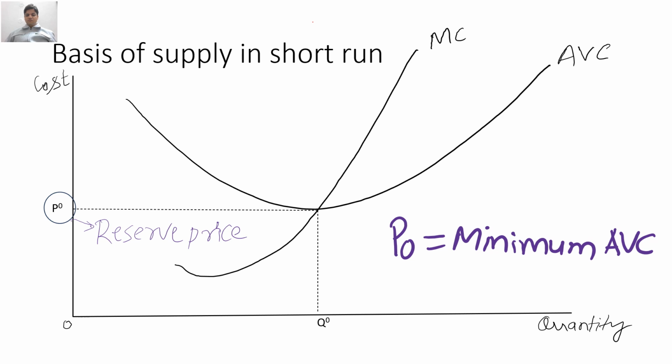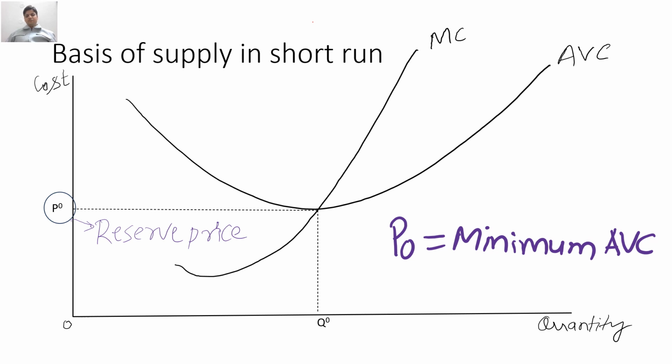If he closes the plant, then he need not incur any variable cost. He will be incurring only fixed cost, like depreciation and the salary of a fixed employee. If fixed electricity charges are there for the unit, then those electricity charges are also fixed cost. So all these he has to pay.